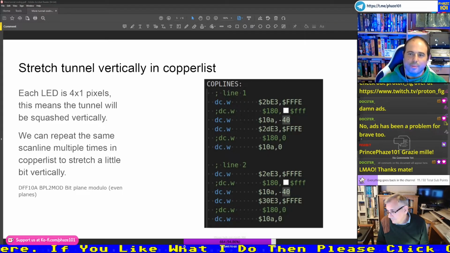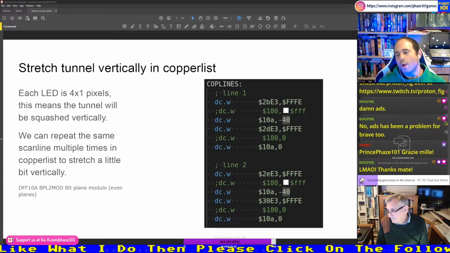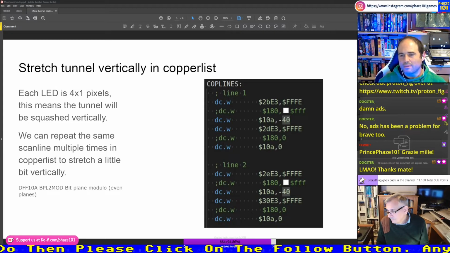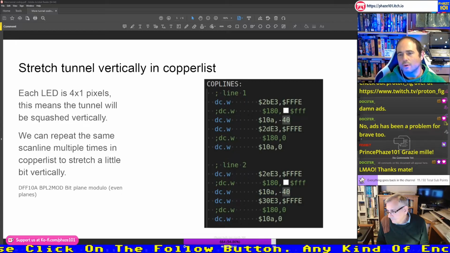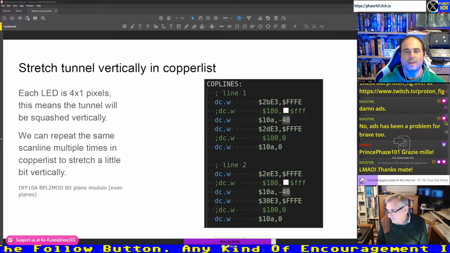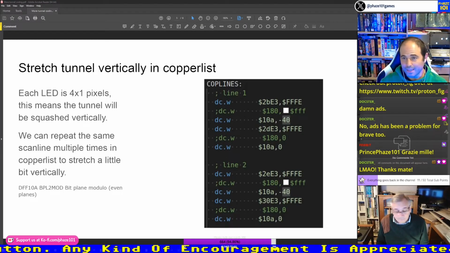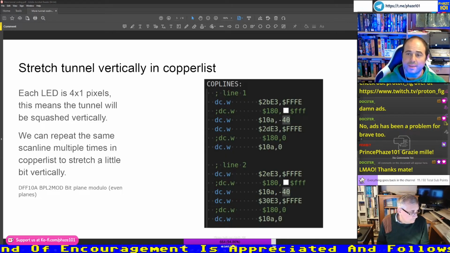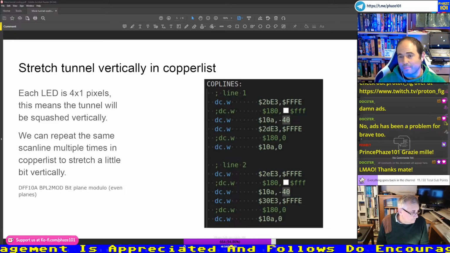I wrote in the copper list something like: wait for line XX and then move, go back of 40 bytes. This means please repeat the last scan line, redraw the scan line. That's the idea. So instead of having a 4 by 1 pixel, you have a 4 by 3. So you get some height.